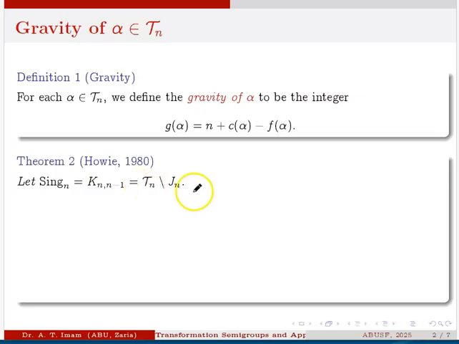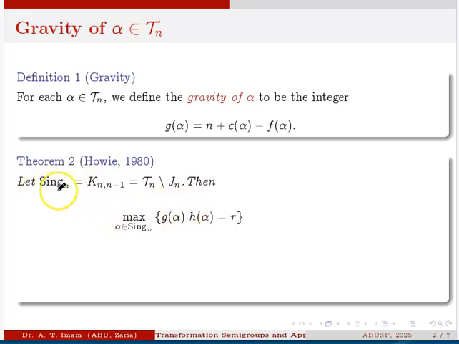So from the full transformation semigroup, if you remove the permutations, you are left with the non-singular mappings, and that set is denoted by Sing n, and that is K(n, n-1). We have already shown in the last lecture that this is an ideal of Tn, and therefore Sing n is a subsemigroup.